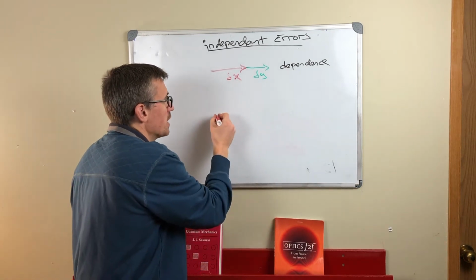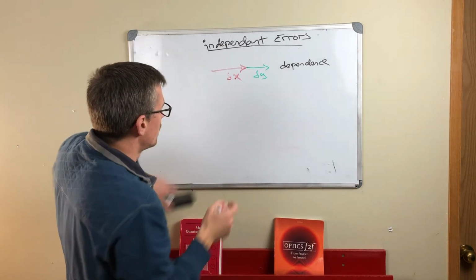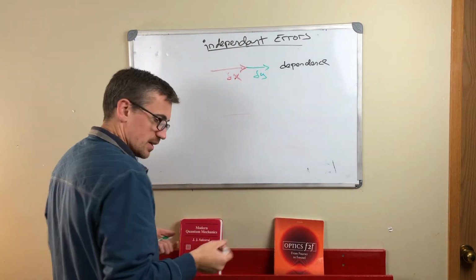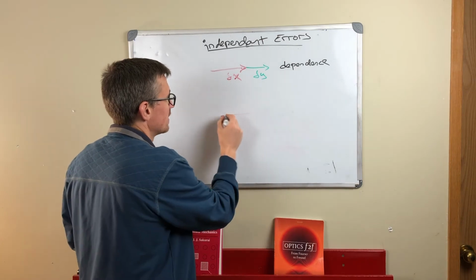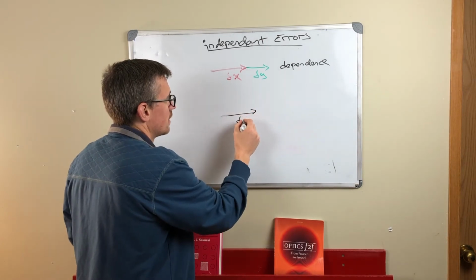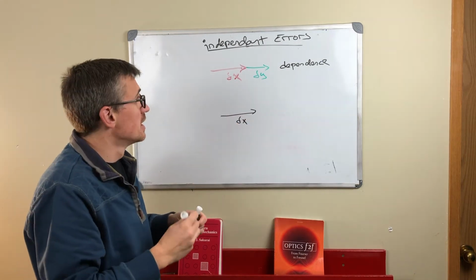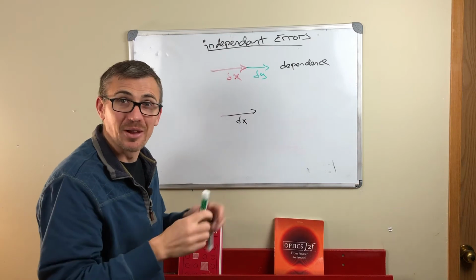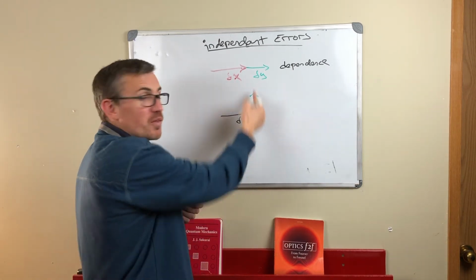Let's try to draw a picture of independence. Well, that picture graphically would look like this. I might have some value of x. I'm just abandoning this pen too. I might have some value of delta x, and this is going to contribute to the absolute uncertainty. But delta y is not going to add anything to delta x. How do we write that graphically? Well, it would be orthogonal. So it's going to move up and down this way.